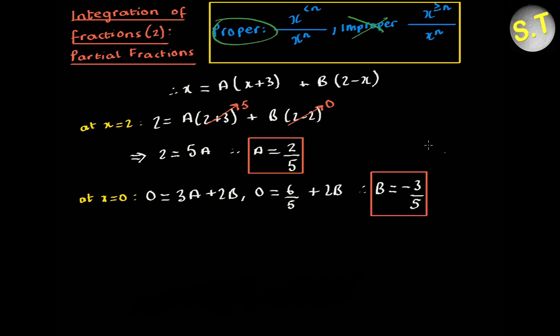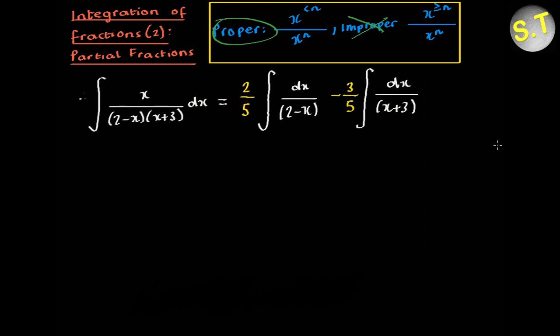So now we can go ahead and substitute our a and b values back into our original expression. And when you do that, you're left with this, where this is a and this is b.